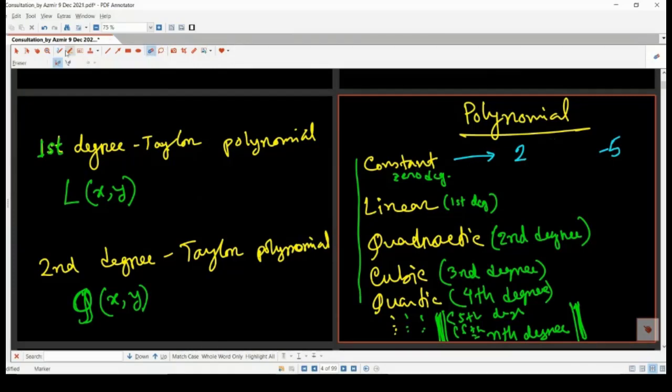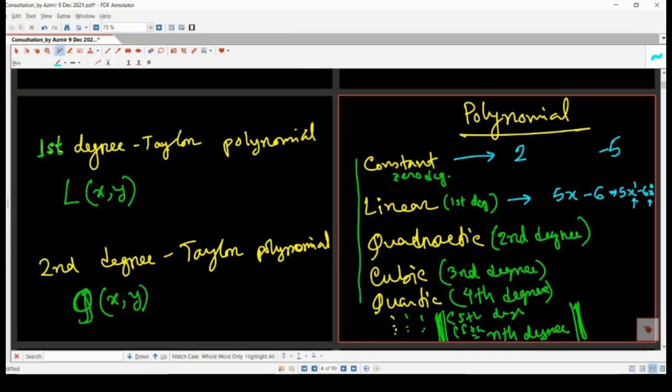What is linear? Suppose you have 5x minus 6. If we simplify again, it is 5x to the power 1 minus 6x to the power 0, and 6x to the power 0 is 6. So how many terms do we have? There are two terms, the first term and the second term.